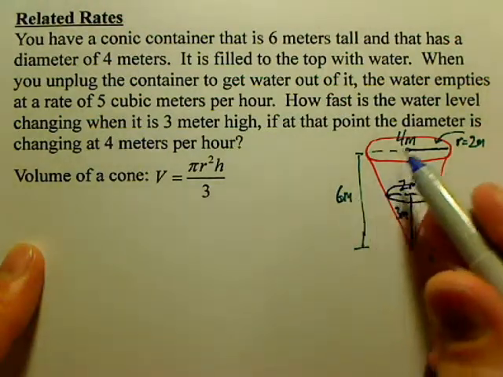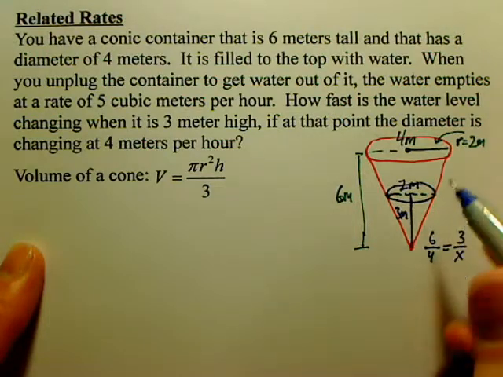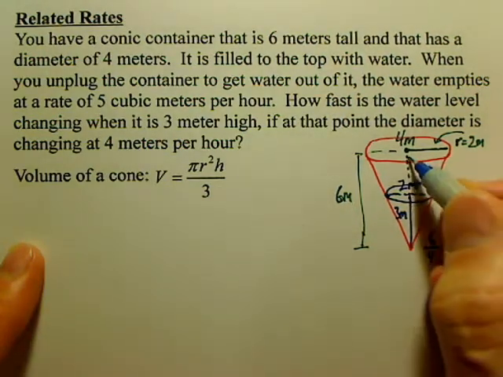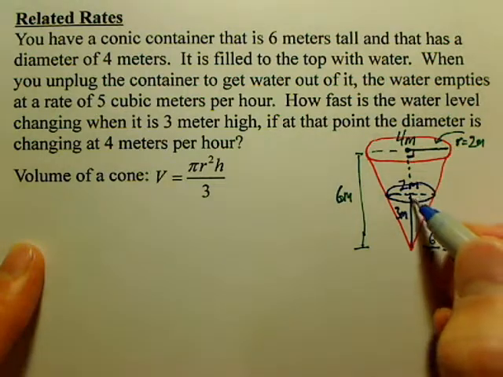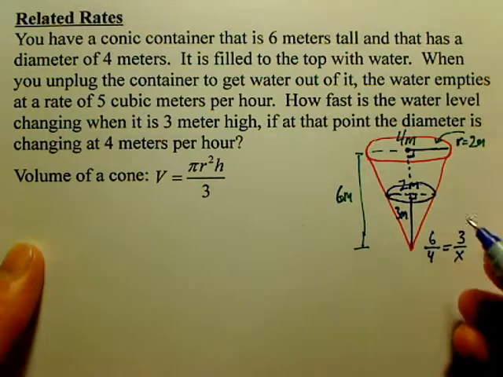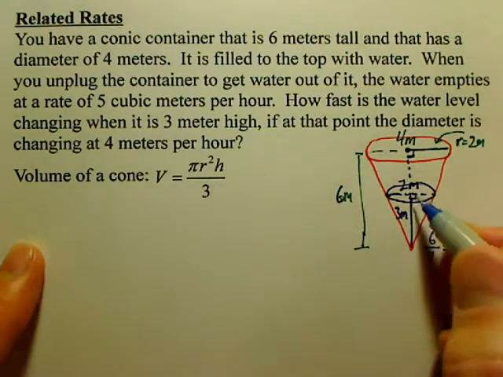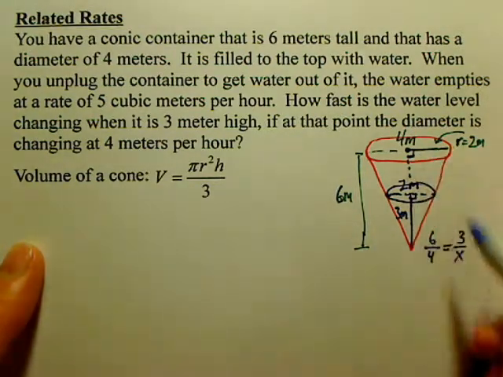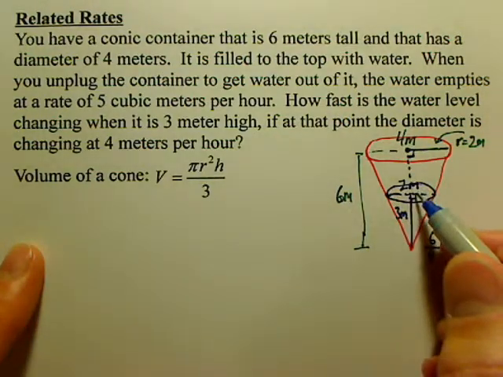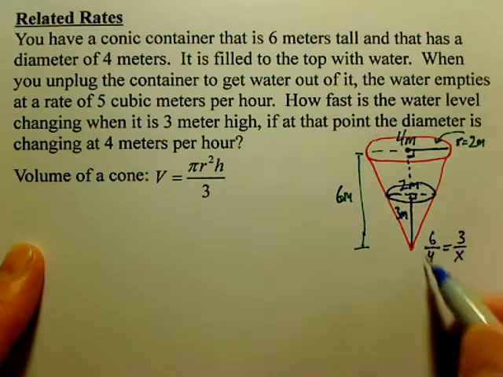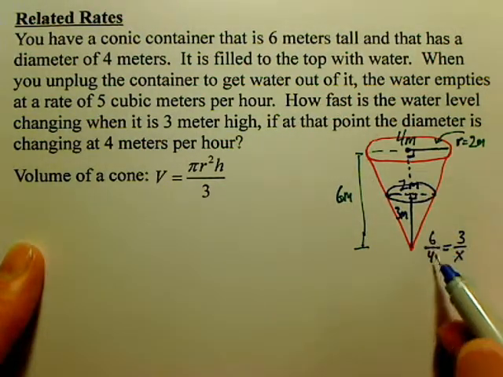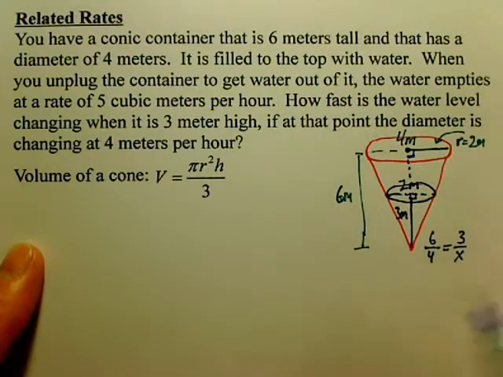The reason you can do that is if you bring this line down and put a right triangle here, it's called similar right triangles, because in geometry you learn about similar right triangles, and so these triangles would be proportional. So the relationship of 6 to 4 is the same as 3 to blank, and if you solve this proportion, you will get 2. So basically 6 over 4 is the same as 3 over 2 if you reduce it.